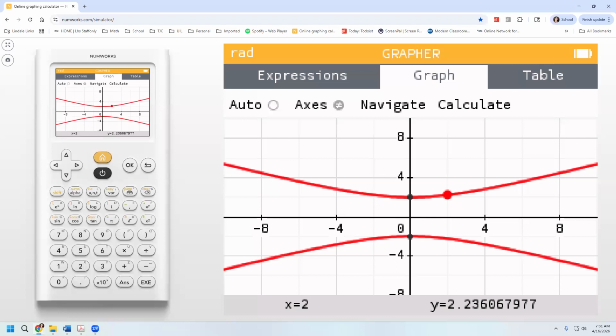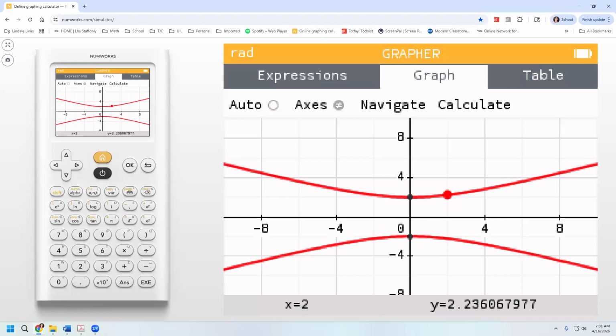This one has a 36 on the other side. So I'm going to divide everything by 36 and get x squared over 9 minus y squared over 4 equals 1. Center is at 0, 0. Horizontal distance is 3. Vertical distance is 2. We're making a box. Draw your diagonals.